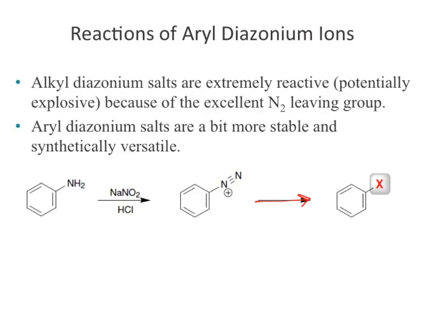But that secondary step can happen. Why is that a nice step to occur? Just adding a halogen to the ring doesn't make that a good step. Why is that a good step? How is that a good step? We end up with nitrogen gas as a leaving group. Phenomenal leaving group, that facilitates this reaction.